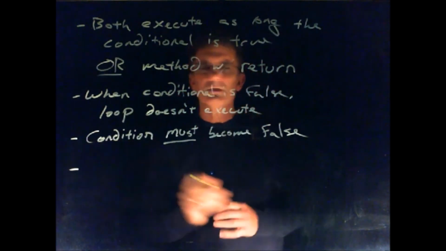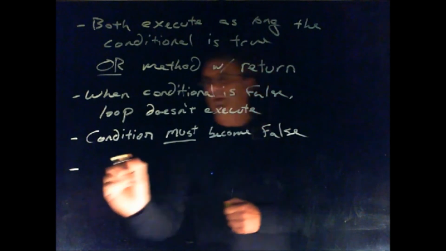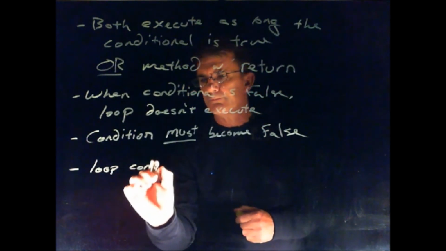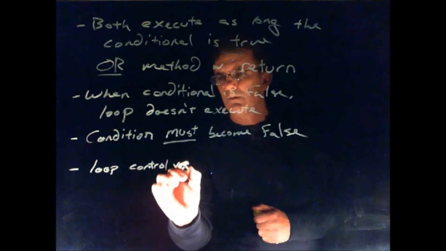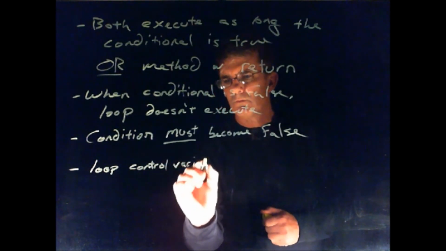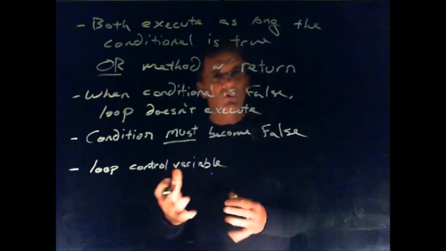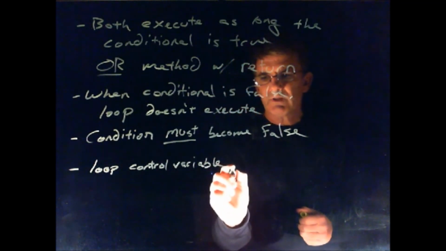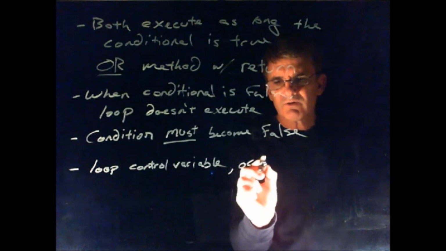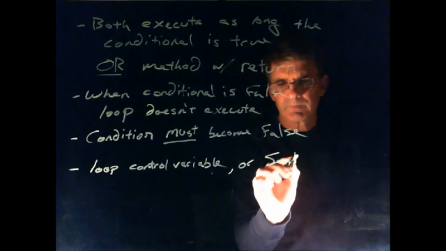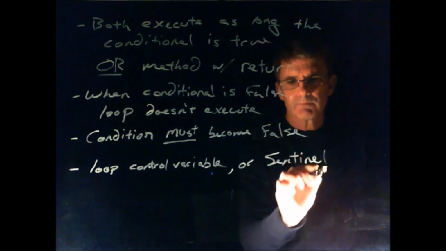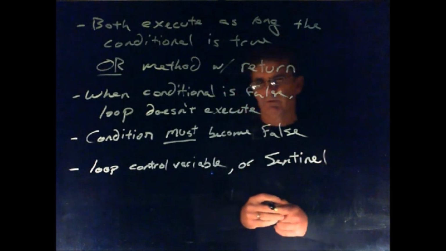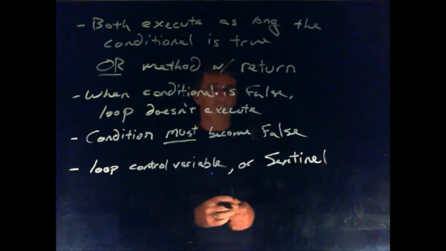There are 2 ways to control the loop. We can have either a loop control variable, which is usually a number, or we can have what's called a sentinel. A sentinel is a keyword, so to speak, or it could be a number.